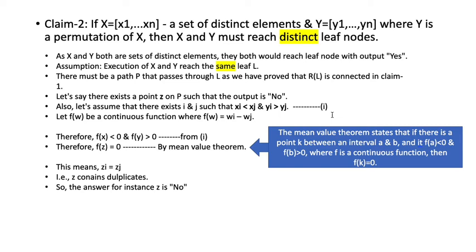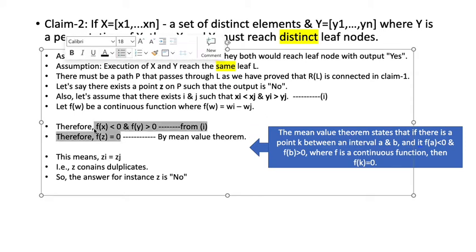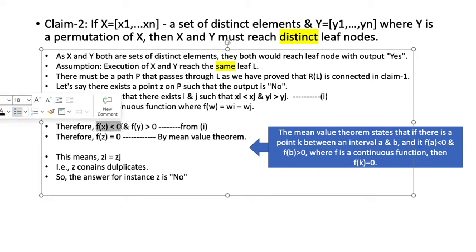That is, f of w basically calculates the difference between the ith and jth index. So if we apply this f of w function over x, we can say that f of x is less than 0 and f of y is greater than 0.